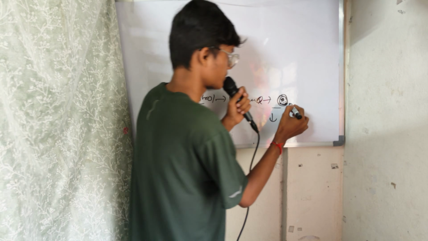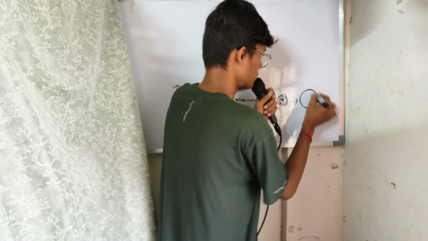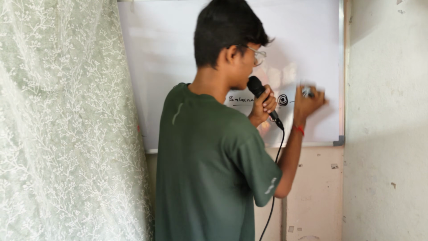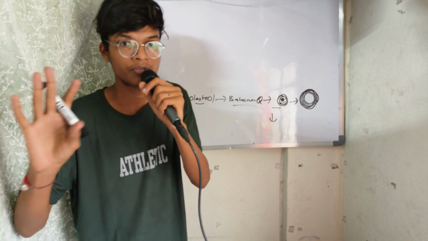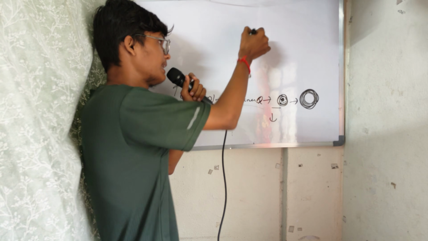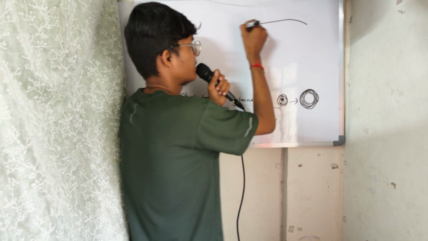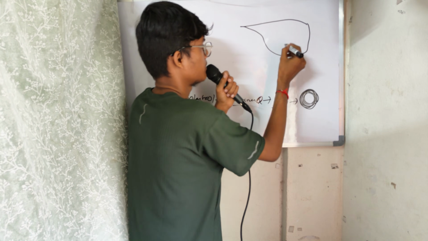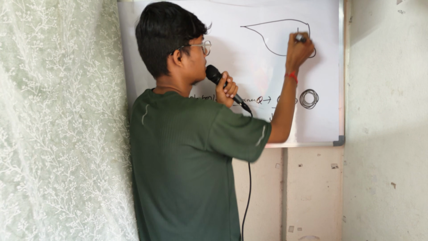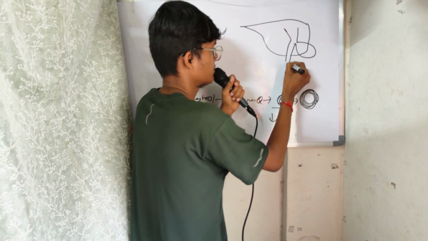So what happened? This stone will be blocked in the gallbladder itself, or in any place in that pathway. I told you, this is the liver, and this is the gallbladder, bile duct.